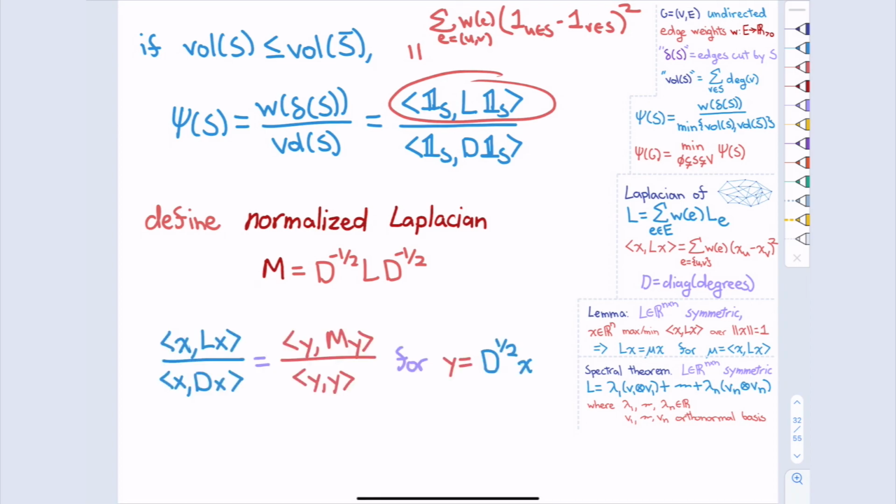So one way to interpret this is, in general, if I'm looking at some expression like y^T M y over y^T y, which corresponds to things like eigenvectors of M, that's equal to x^T L x over x^T D x for y equal to D^(1/2) x.